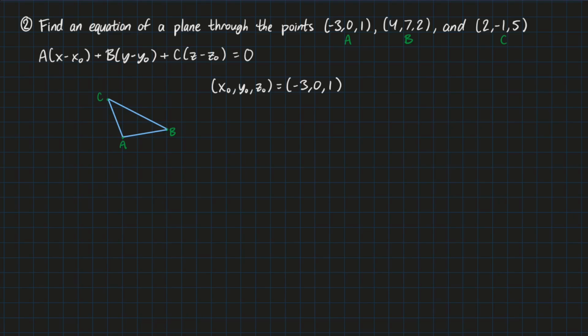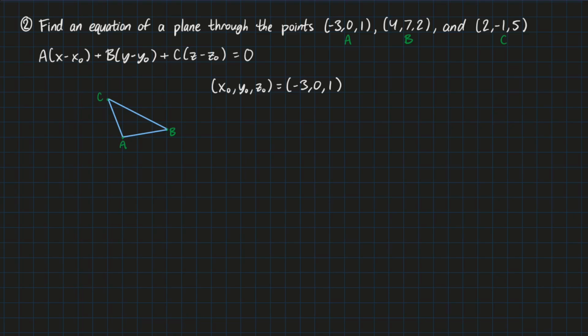And then we are looking for a vector perpendicular to this plane. From these 3 points, we are able to make a triangle, which is part of the plane. If we can find the normal vector to this, then we have the normal vector to the plane as well. Recall the cross product takes 2 vectors and finds another vector perpendicular to both those vectors.